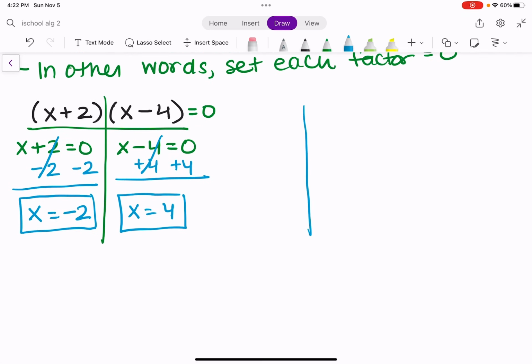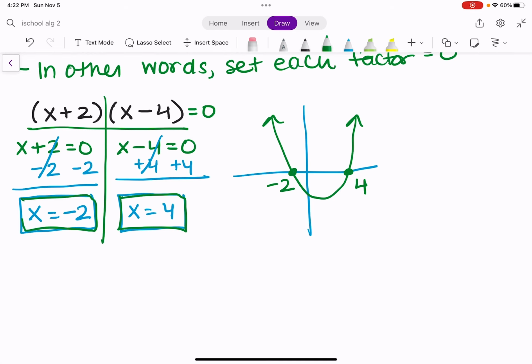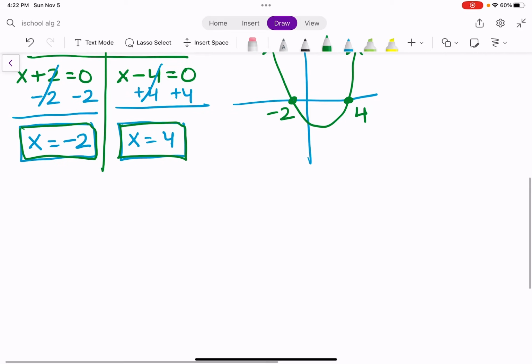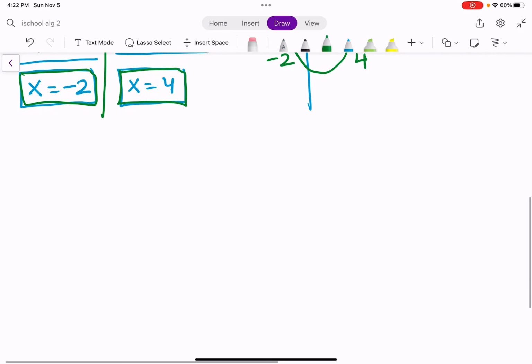So if I were to draw a graph, like let's say the graph looked something like this, this right here would be -2, and this right here would be 4, right? So that's what these solutions mean. They give you the x-intercepts, okay? Let's do a few more of different things that you might see. Let's say after you factor, you get 3x parentheses x minus 2.